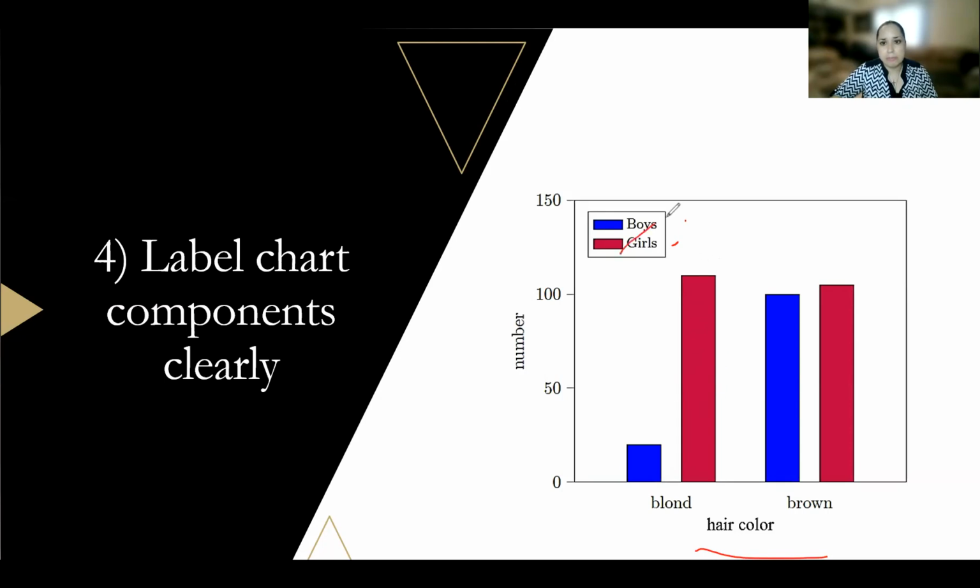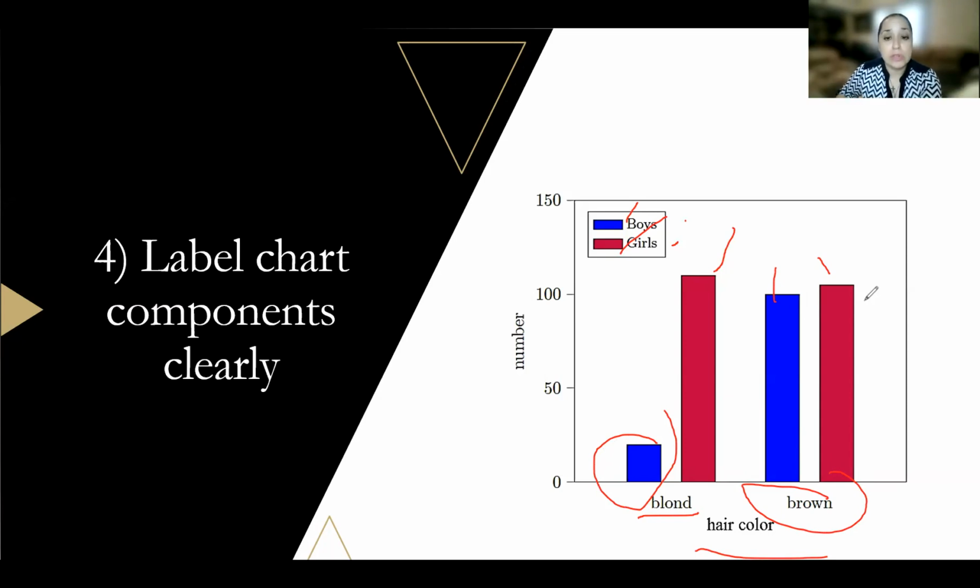You can see from pink and blue, it's more than a hundred for blonde girls, and for blonde boys, it's about 20. And for brown hair color, it's close for boys and girls, close to a hundred.